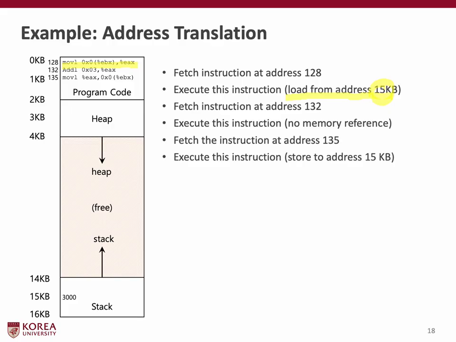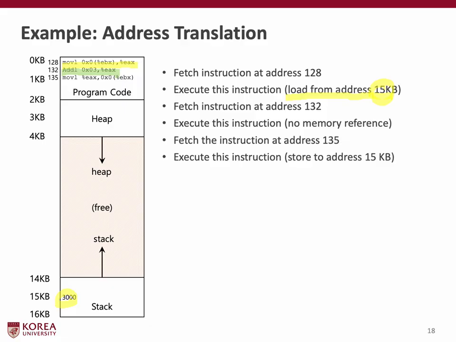As I mentioned before, the variable x is located here, right? And then the CPU fetches the second instruction at address 132, which is the addl instruction. The addl instruction doesn't access memory. It just modifies a register value.